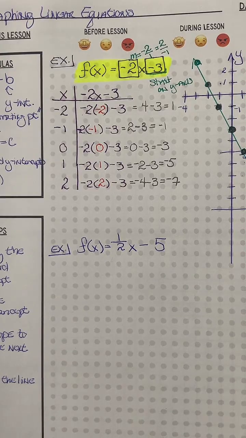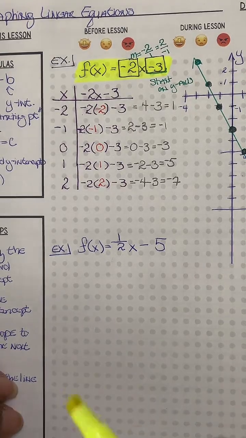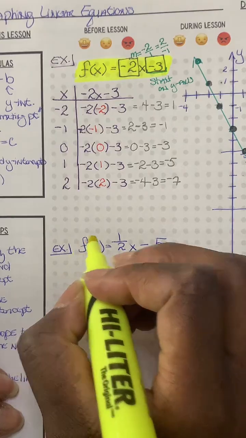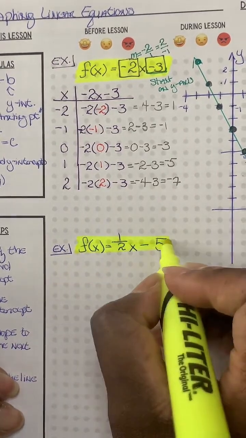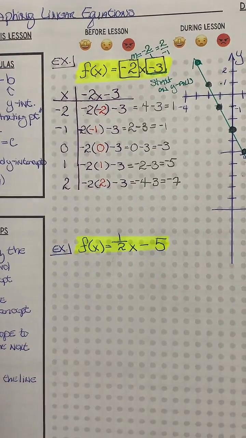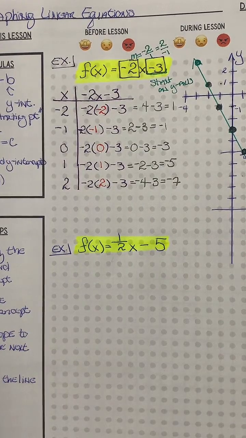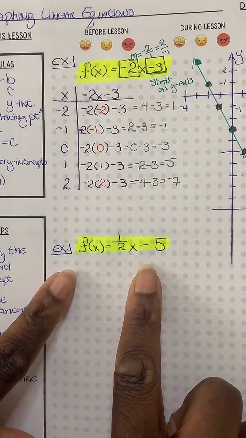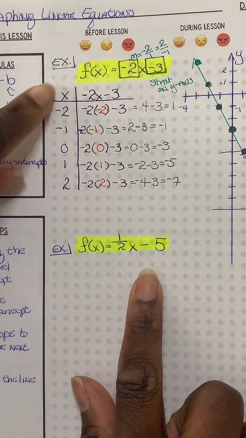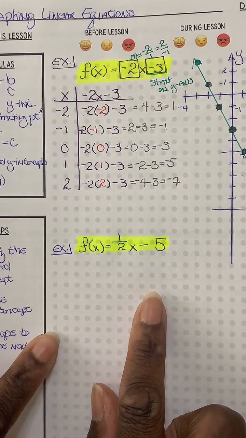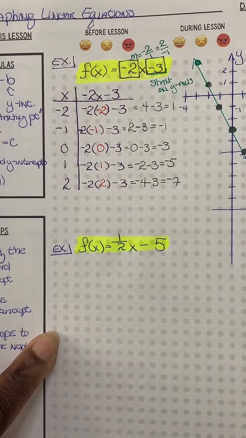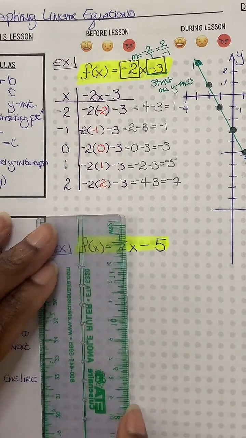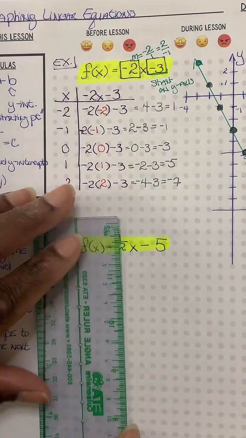So here, we have f of x is equal to 1/2 x minus 5. All right, so now I'm not going to do the table. I'm going to go right into graphing my equation.